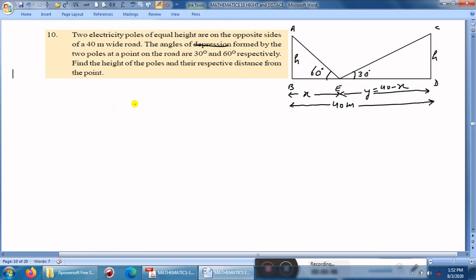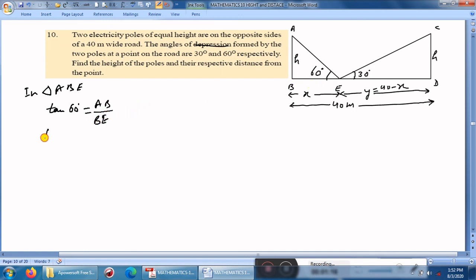Now come to the triangle. In triangle ABE, tan 60 degrees becomes AB upon BE.